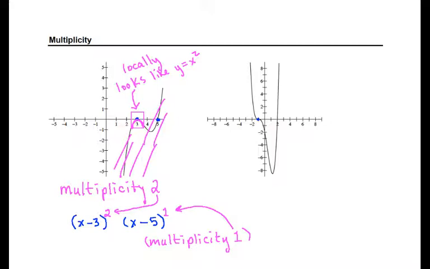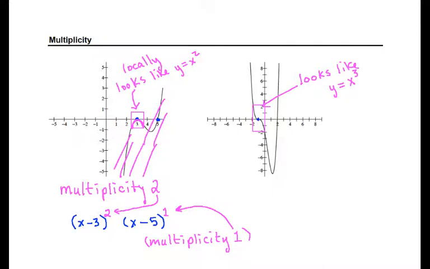Now looking at the next graph, let's again draw a small rectangle around that 0, and just look at this part of the graph, ignoring the rest of it for now. This, locally, looks kind of like the graph of y equals x cubed. Remember that y equals x cubed has that kind of funny shape, right?